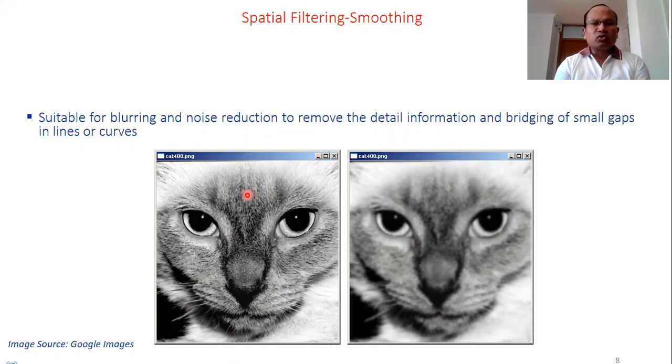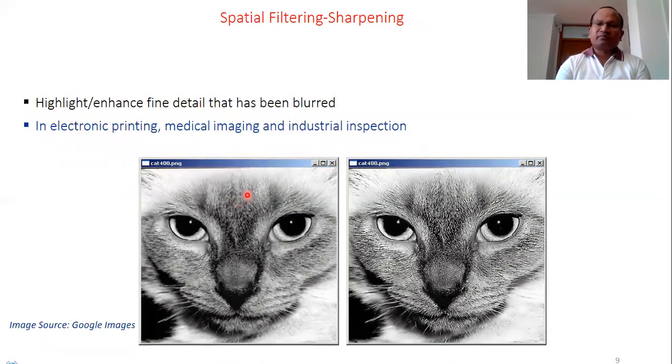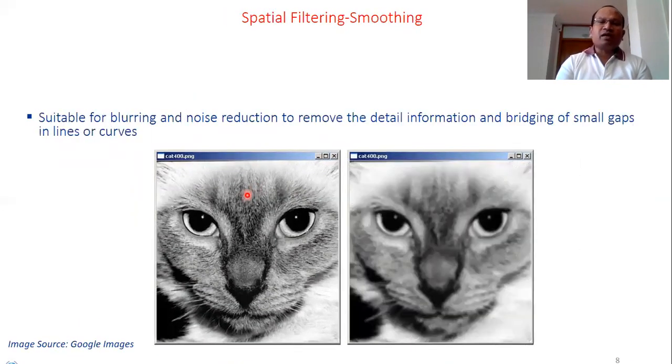It is generally used for reduction of blur and noise present in the image. So when we want to smoothen, we can apply a spatial filter. That was an example of smoothing.